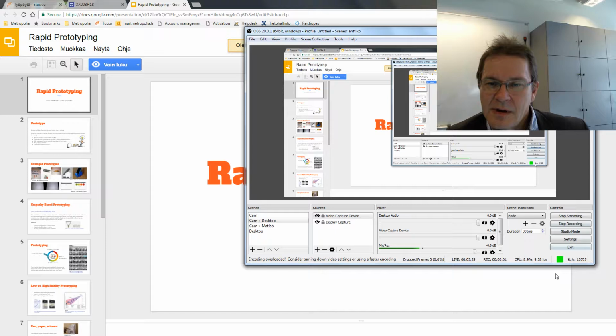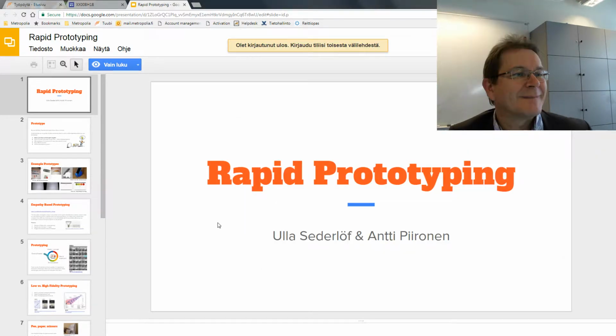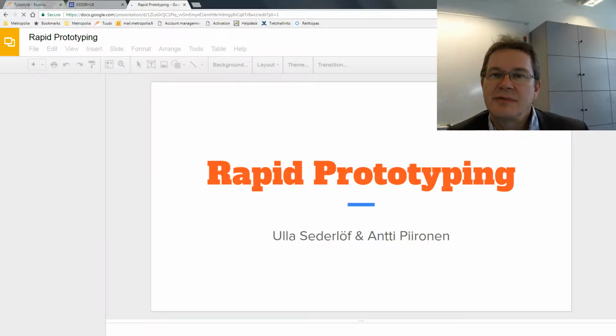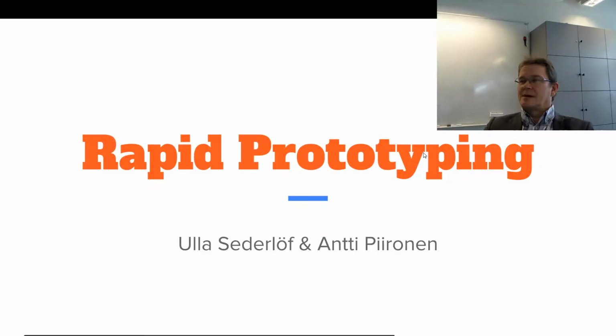All right, so this is the rapid prototyping session. Just a moment. For some reason this has gone into funny mode. There we go. Yeah, so rapid prototyping. This is actually a good set.